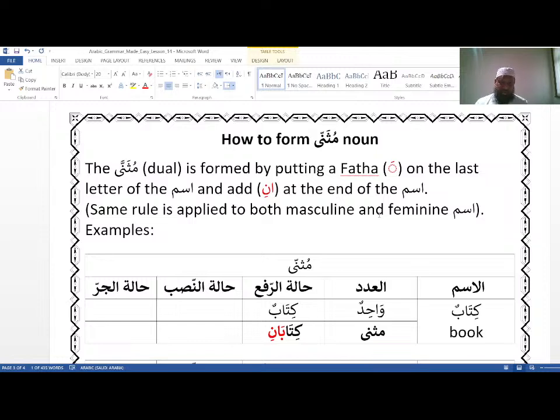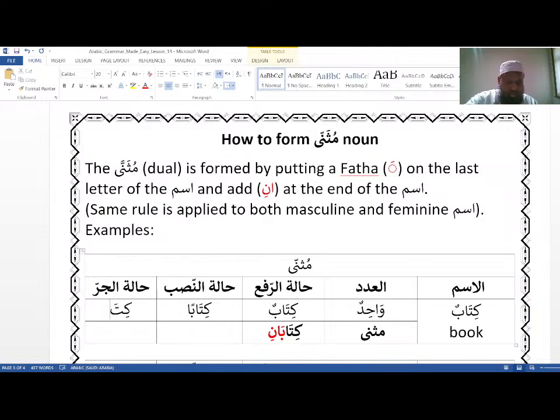Now I have halatul nasb and halatul jar. So let's do that as well. Let's do the wahid first. As we know, wahid are always with fathatayn, kitaban.